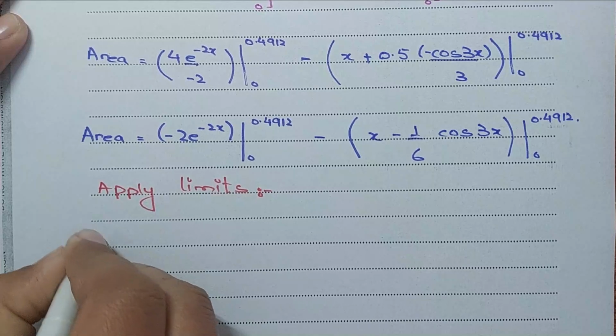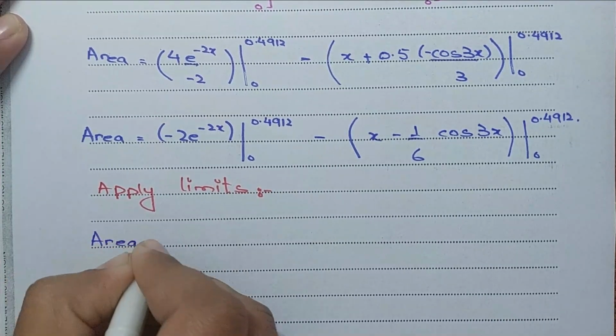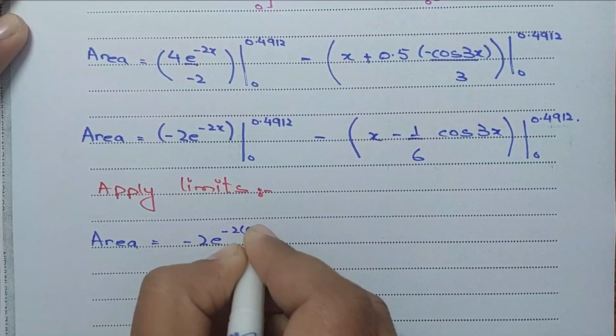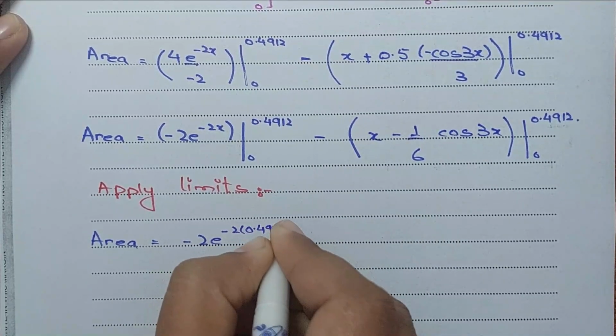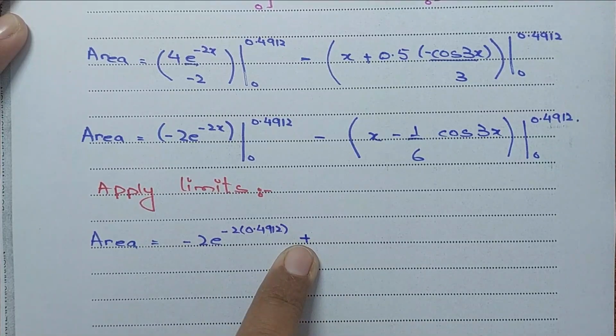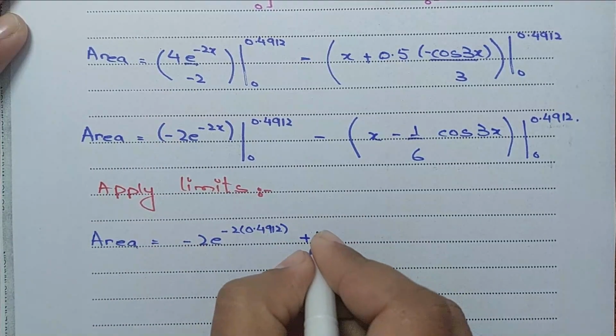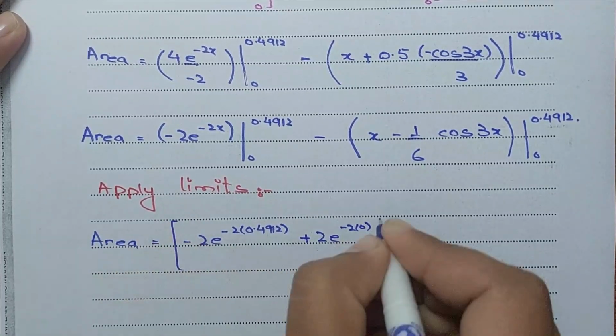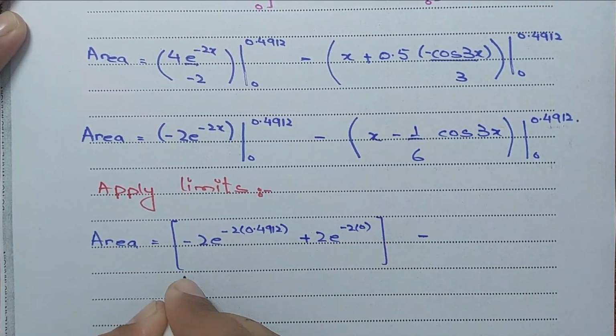The area becomes minus 2 to the power minus 2 into 0.4912, the upper limit, subtract the lower limit. So minus minus plus 2 to the power minus 2 into 0. This is for the first function. Subtract for the second function.